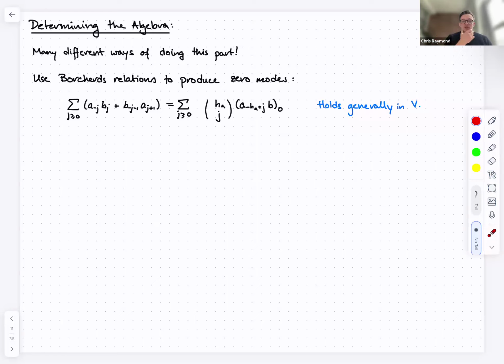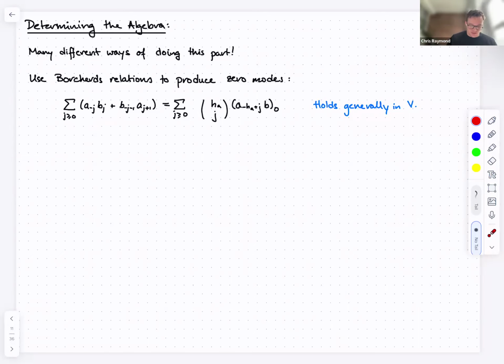So what we can do is take the Borcherds relations that we have on V, and we can go looking to produce zero modes, right? So I might have some expression like this. This is some general expression that I can extract from the Borcherds relations.